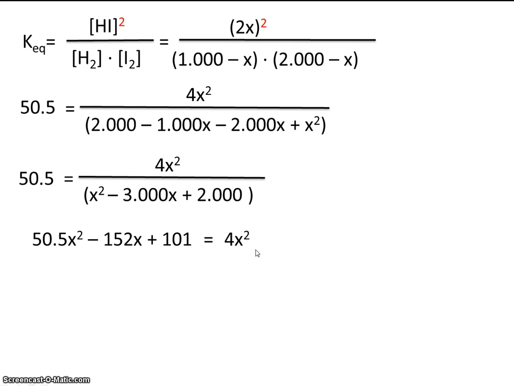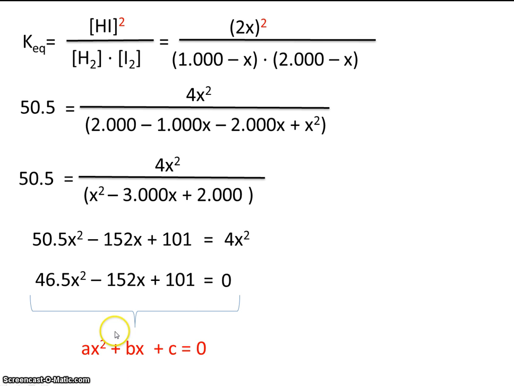Now remember that our expression has to be ax squared plus bx plus c equals 0. So what we're going to have to do is subtract 4x squared from both sides because we want 0 over here by itself. So ultimately, now we can use the quadratic equation once we're in this form.